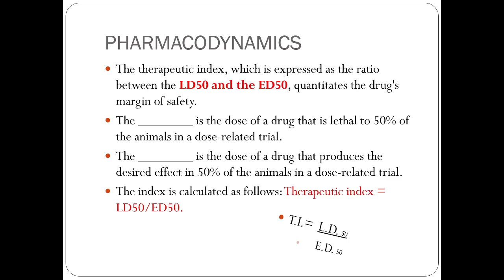So the way that we calculate that is therapeutic index is LD50, that number, that dose, okay, could be 20 mg per kilogram, divided by the effective dose. The effective dose is 10 mg per kilogram. So 20 divided by 10 is 2.